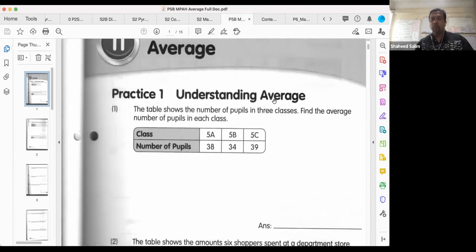Okay, now we find what is the first one now. What's the average number of pupils in a class? Please use your calculator because we don't have time to do mental calculation now. Okay, we want to get the concept correct. Use your calculator, please.